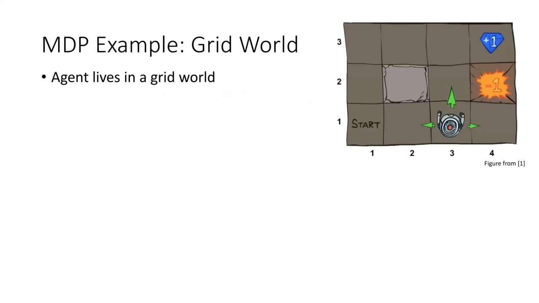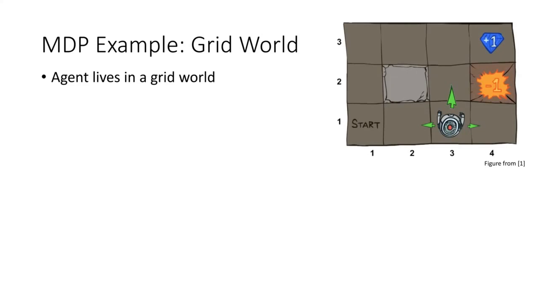So I'm going to give an introduction to Markov decision processes using this particular example of a grid world. As the figure suggests, your goal is to come up with a control policy to navigate this robot on the grid in the grid world. There is a starting point, and the robot can move along this grid world.